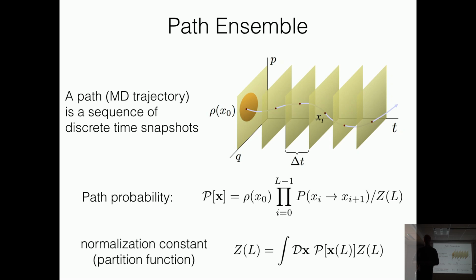And so the probability of generating that trajectory is proportional to, we've got a normalization factor, but other than that, the probability of being in the initial state times the probability that you went from the initial state to the next snapshot, times the probability of going from that snapshot to the next one, and so on until you get to the end of your trajectory. That's all it is.